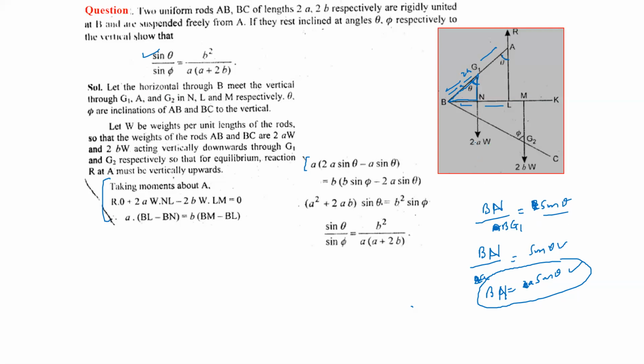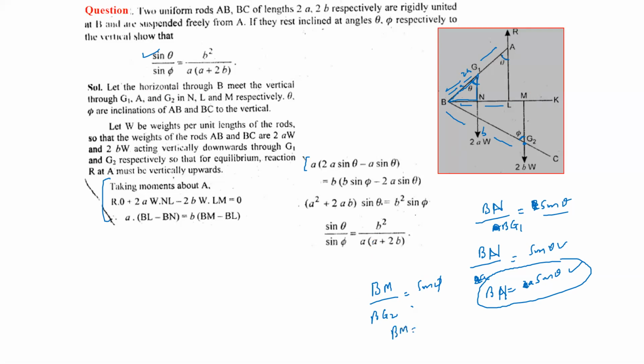Now for phi, in this triangle BMG2, BM is the perpendicular and BG2 is the hypotenuse, whose length is B, because the whole length is 2B, so half of the length is B. G2 is the midpoint, the center of gravity. So BM by BG2 is equal to sin phi, perpendicular by hypotenuse.